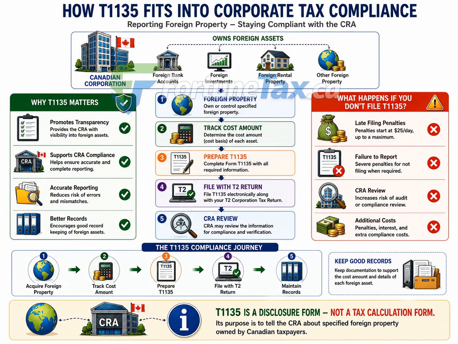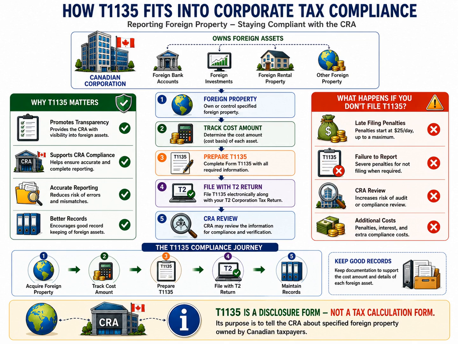The timeline at the bottom summarizes the complete process. First, the corporation acquires foreign property. Next, it tracks the cost amount of each asset. Then it prepares Form T1135, files it with the T2 return, and finally maintains supporting records for future reference.